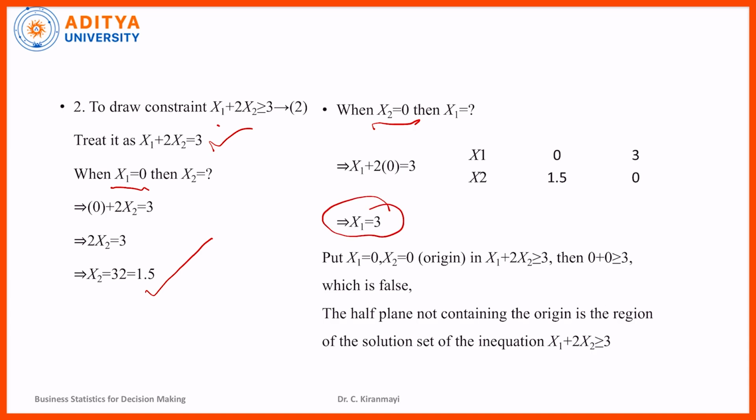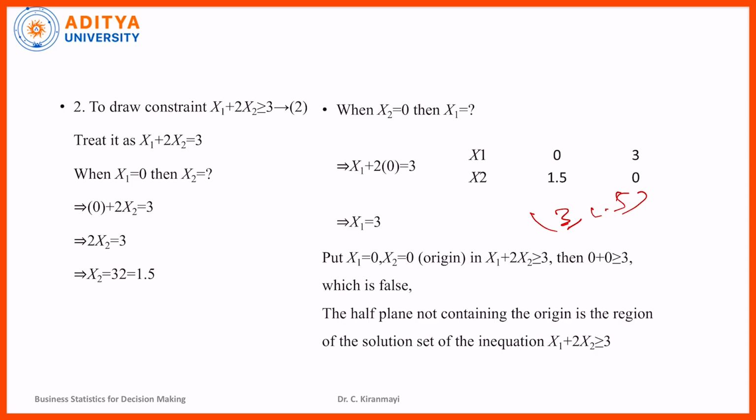Therefore, the coordinates for this constraint are 3 and 1.5. So, we have obtained the coordinates to plot the inequality.